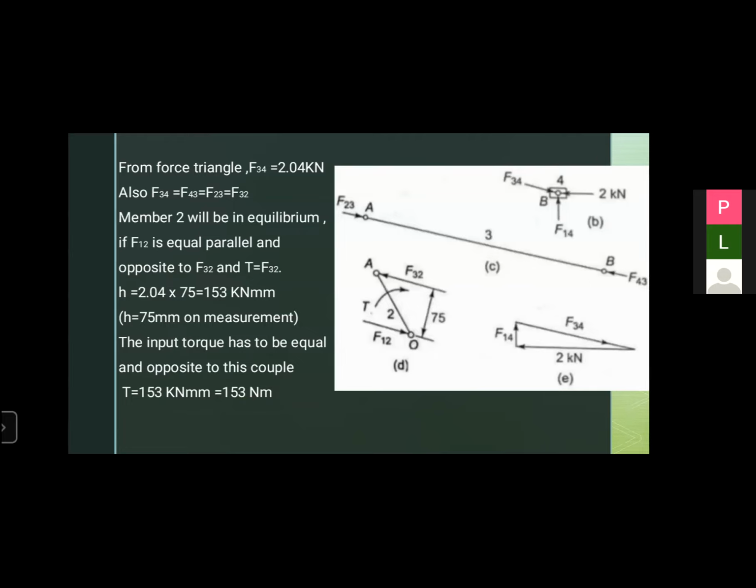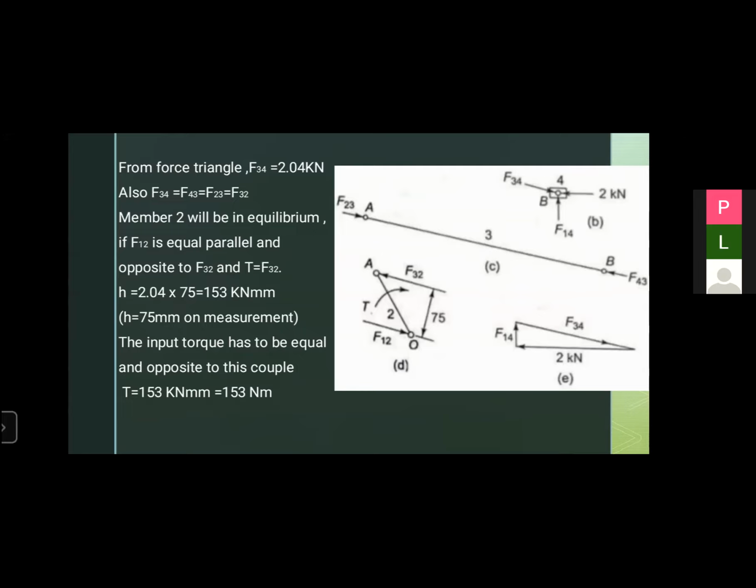From the force triangle, F14 will be the closing side of the triangle, and this is drawn by using a suitable scale. First, 2 kilonewton is taken to a suitable scale and is drawn on a paper. We know that F14 is perpendicular to the 2 kilonewton force, so it is drawn perpendicular to it.